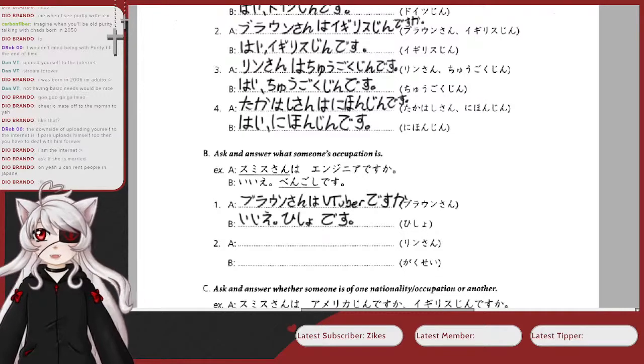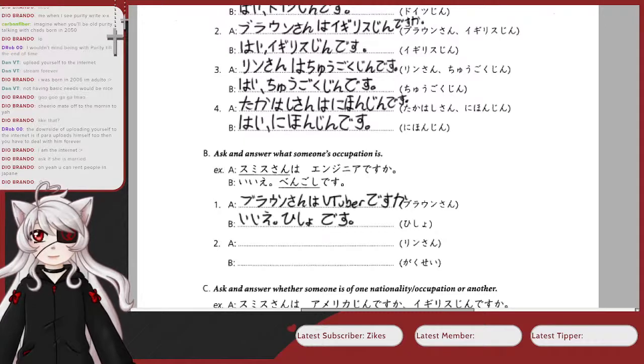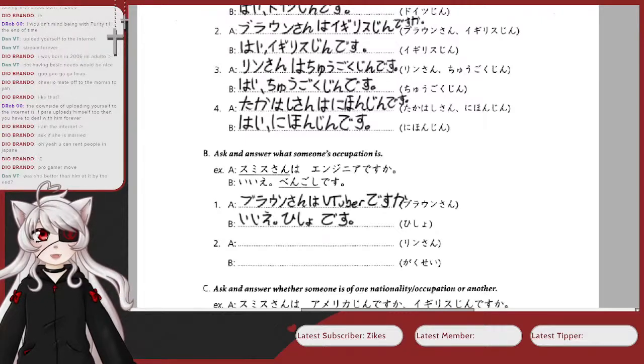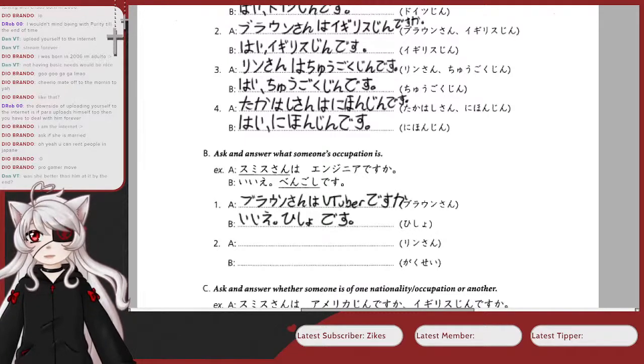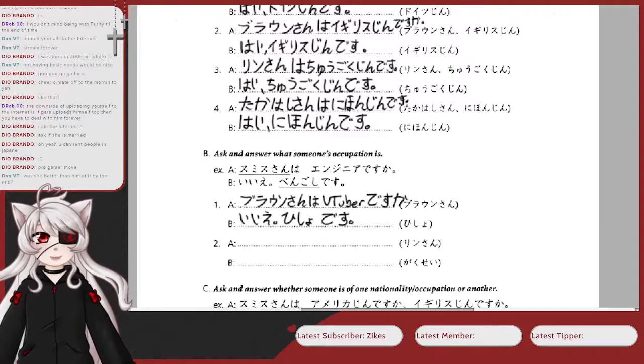Hold on. Man rents a woman for Elden Ring. Yeah, there we go. He spent $20,000 to have a young woman play Elden Ring with him for 40 hours.